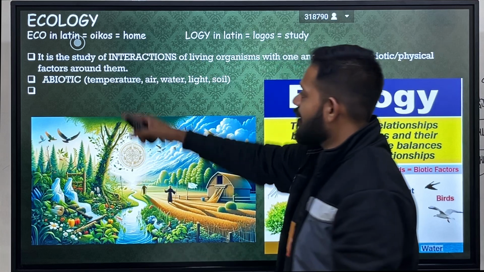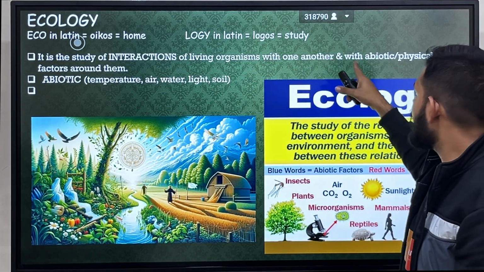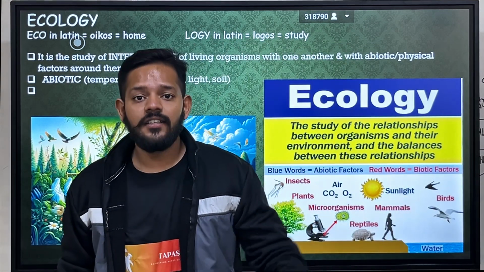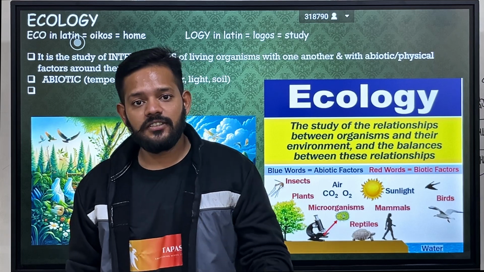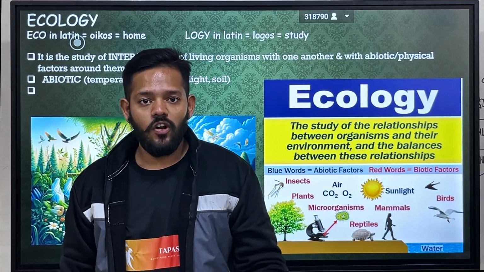Okay, and the same thing is written here. It is the study of interaction of living organisms with one another and with abiotic and physical forces, like air, water, soil, temperature, and sunlight. It is called an ecosystem, and that study is called ecology.